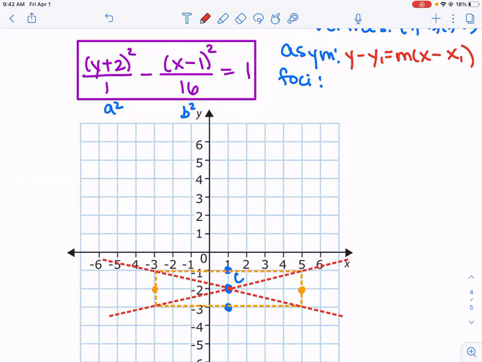When we write the equation of our asymptotes, we are going to use the center. So our center is (1, -2).